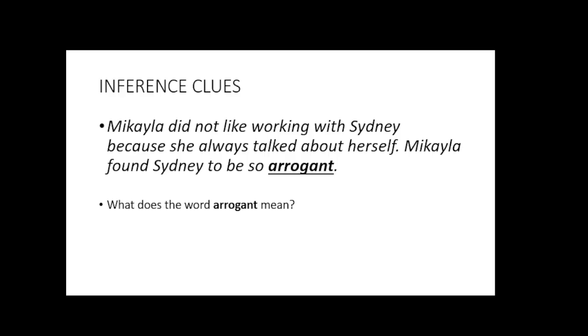Is it a noun or a verb, etc.? Using questions to help identify clues in the text is key to making an inference. Based on the questions and details in the text, we can assume arrogant describes a person who talks about themselves or is self-centered. Let's move on to the next type.